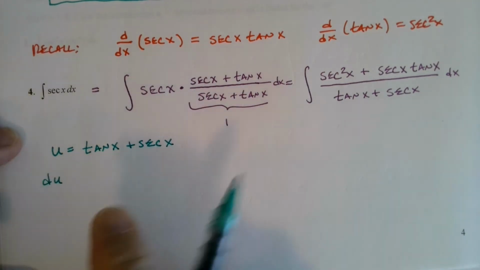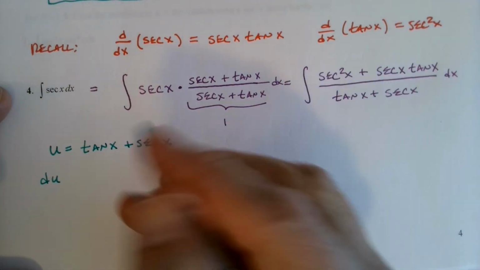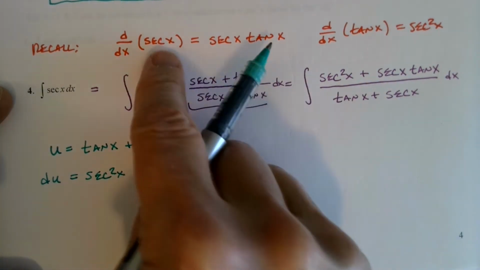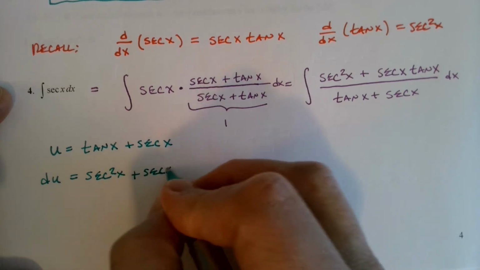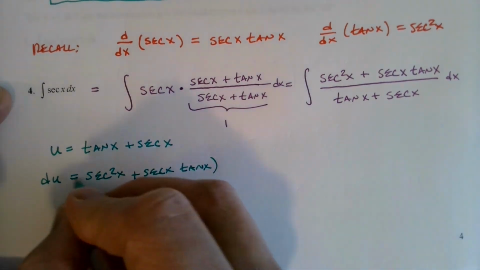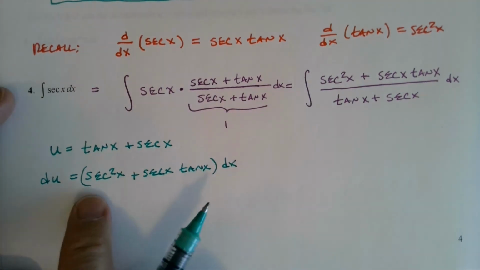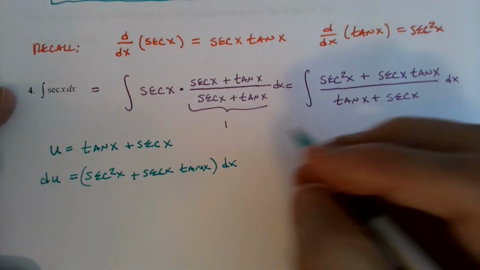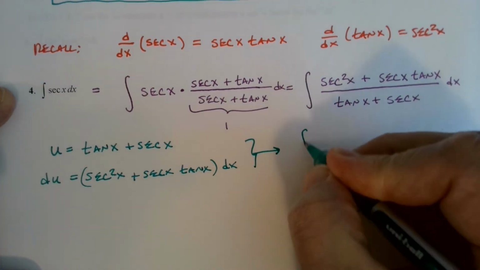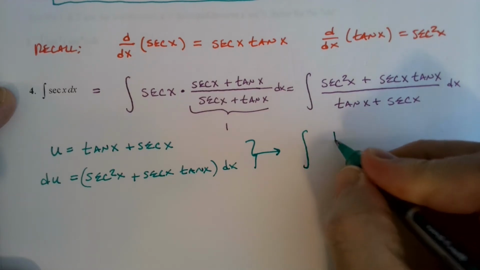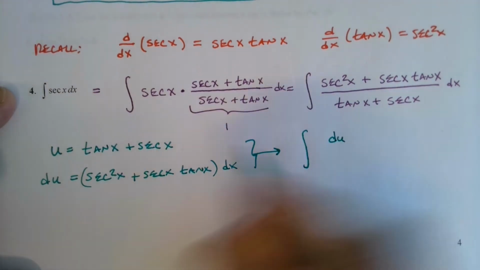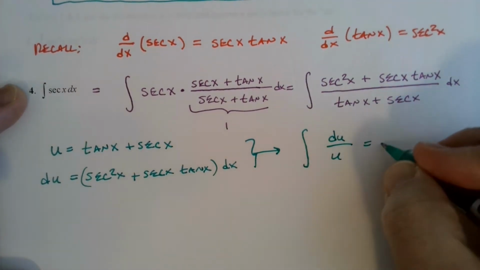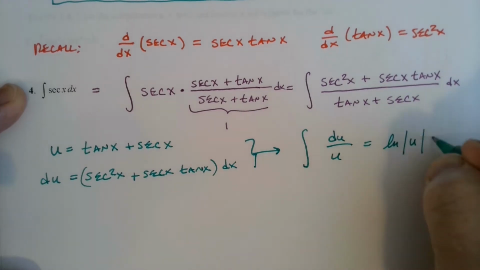If I choose u to be the denominator, what's my du? What's the derivative of tangent x? Secant squared x. What's the derivative of secant x? Plus secant x tangent x. So all this, of course, is times dx. So du is secant squared x plus secant x tangent x dx, and that's exactly what we have in the numerator. This simply becomes the integral of 1 over u du, whose antiderivative is the log integral.